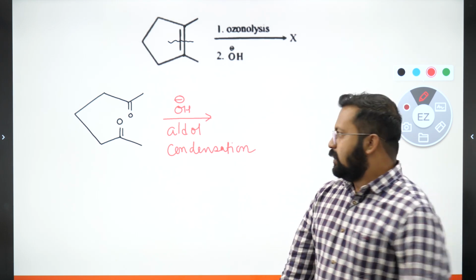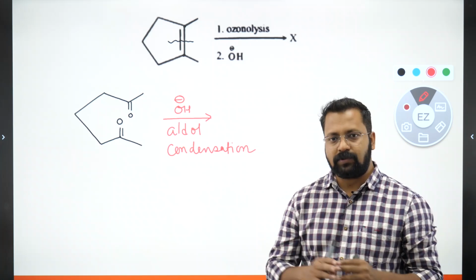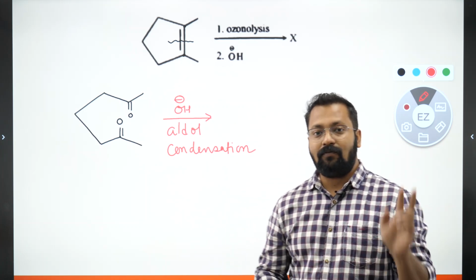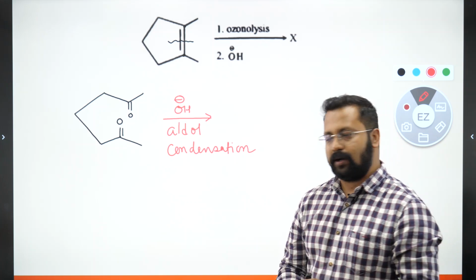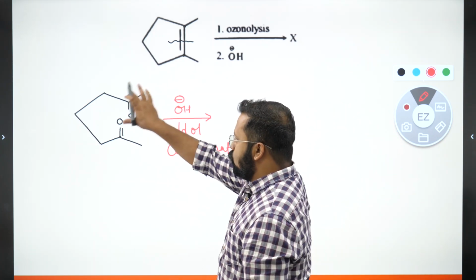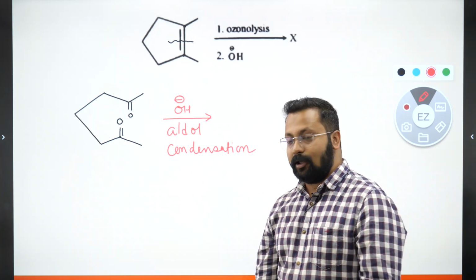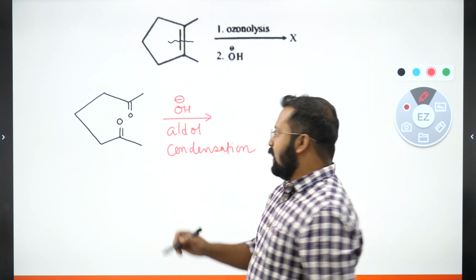Okay, now this is a reaction. In aldol condensation, you take 2 carbonyl groups, perform a reaction, eliminate a molecule of water to get an alpha beta unsaturated aldehyde or ketone as the product. Now in this case, there are 2 carbonyl groups within the same compound, so it will undergo an intramolecular reaction हो जाएगा.